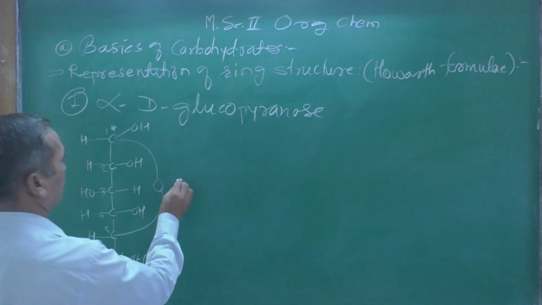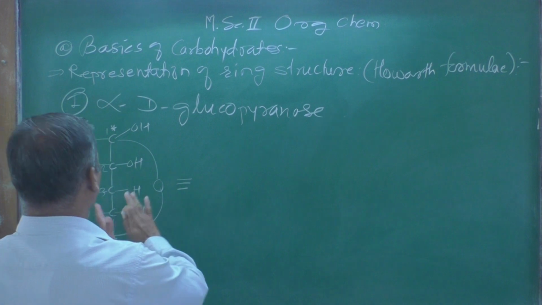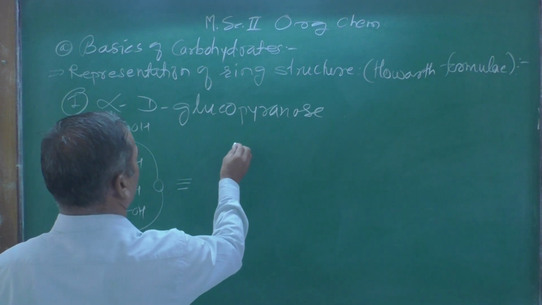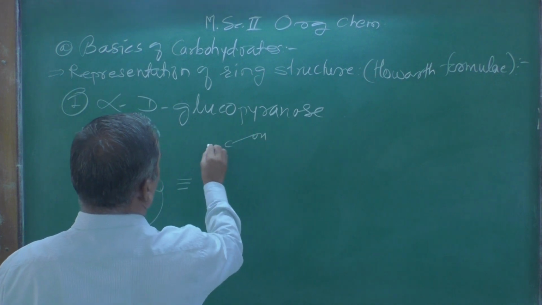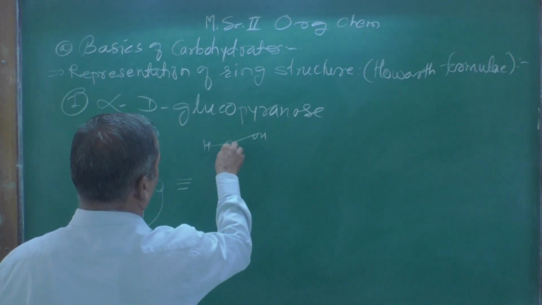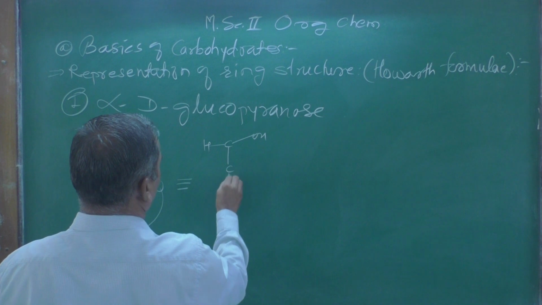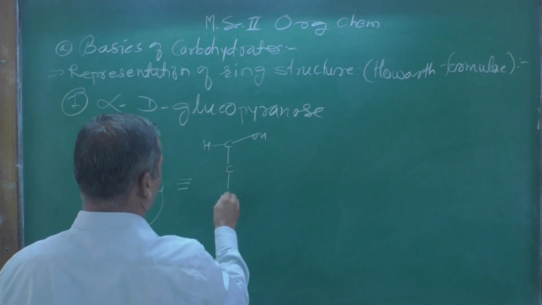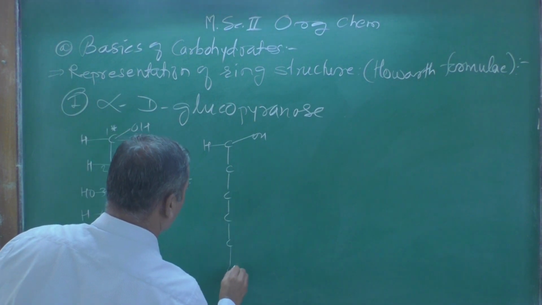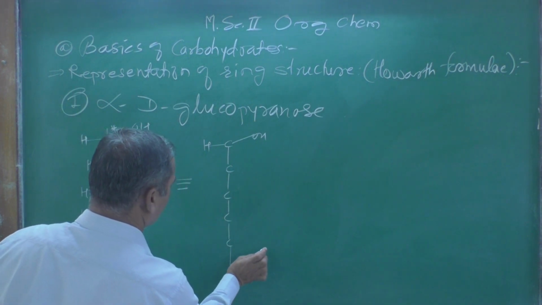these 3 lines indicate the equivalent, and this structure also we can draw like this. Here hydroxy group as it is, hydrogen atom, then here carbon, another carbon, 1, 2, 3, 4, 5 and 6 carbon atom.